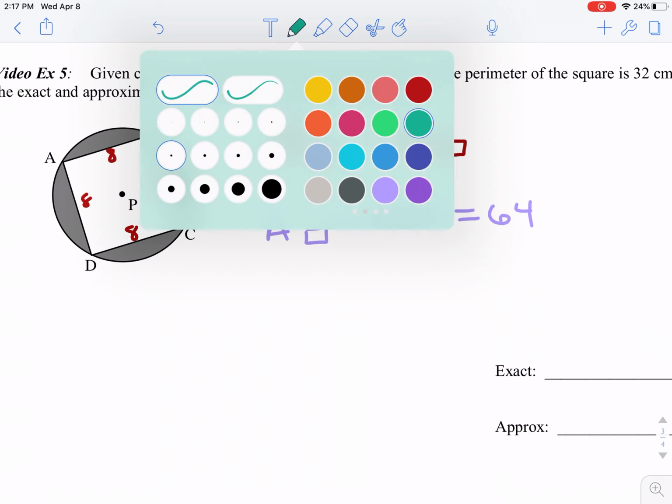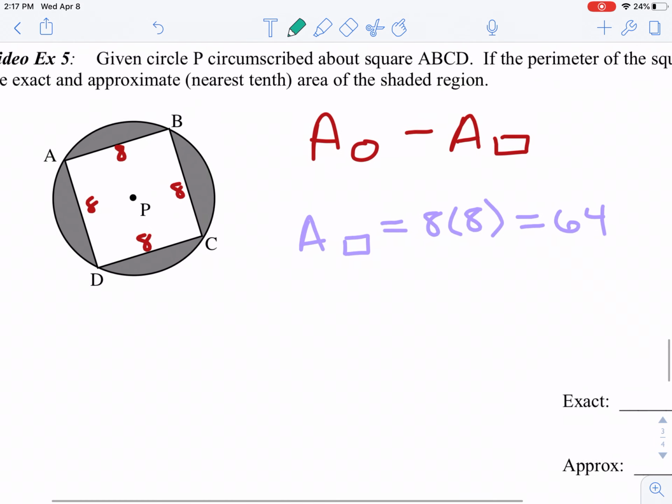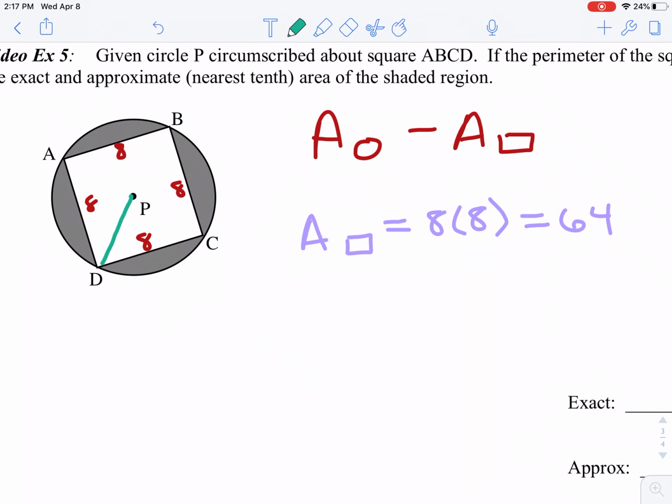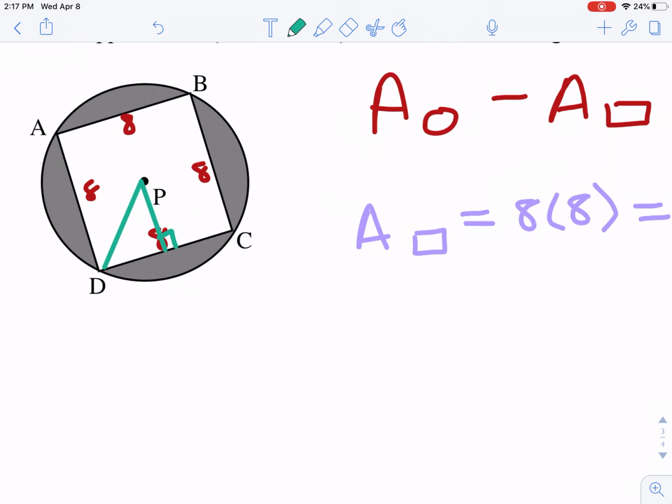Now it's the circle that's going to be a little bit trickier because I really need to know the radius. Now if I think about that radius right there, that's going all the way to the corner. And I have my height here. I could make it a right angle if I wanted to.